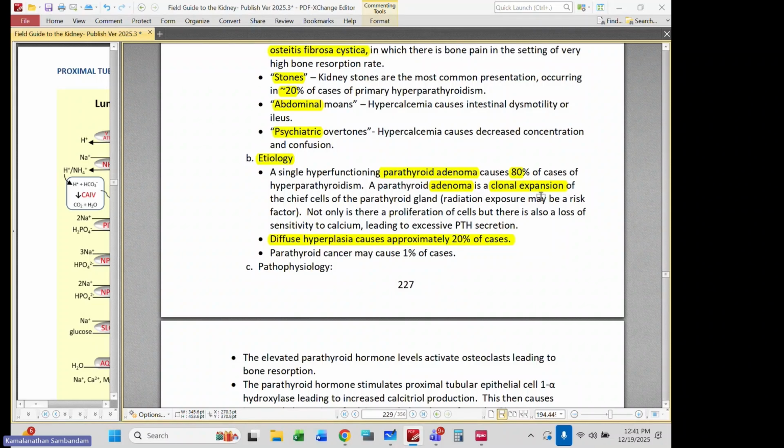So you get a clonal expansion of a parathyroid cell into these adenomatous, but not frankly carcinomatous areas of the gland. And then you can see changes in sensitivity to calcium at the calcium sensing receptor as well. Okay. Parathyroid cancer is a very uncommon cause of primary hyperparathyroidism.